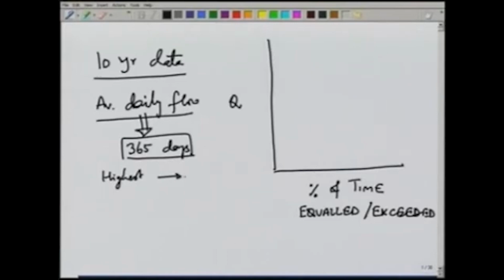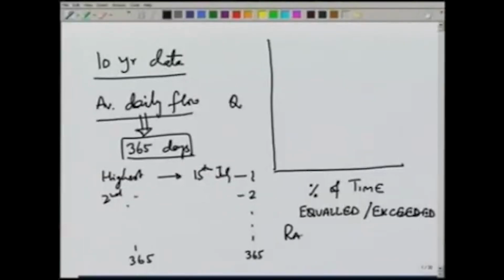Now, this may occur let us say on 15th of July. Then we go to second highest and so on, and this way we can arrange all the 365 data in the descending order and assign a rank to them. So, the first data will have a rank of 1, the second data will have a rank of 2, and this way till 365.